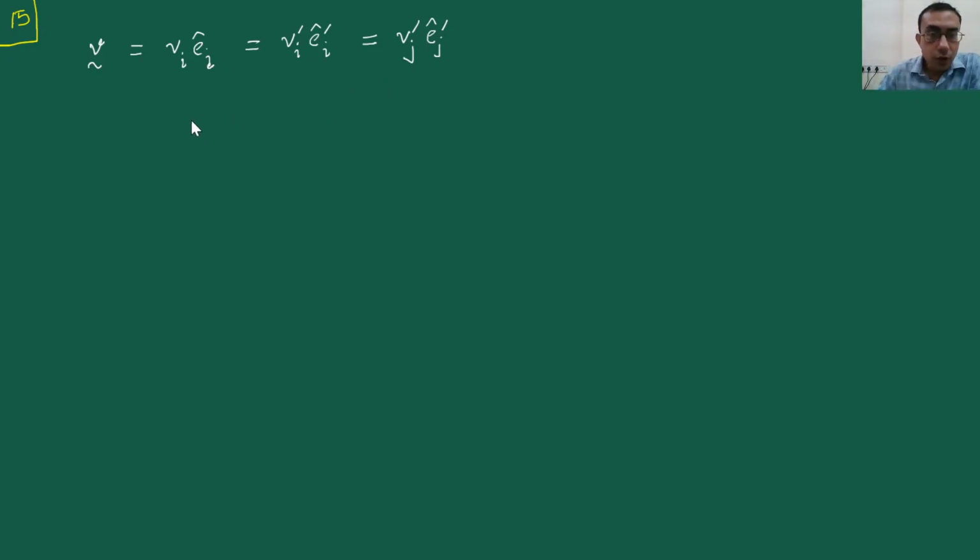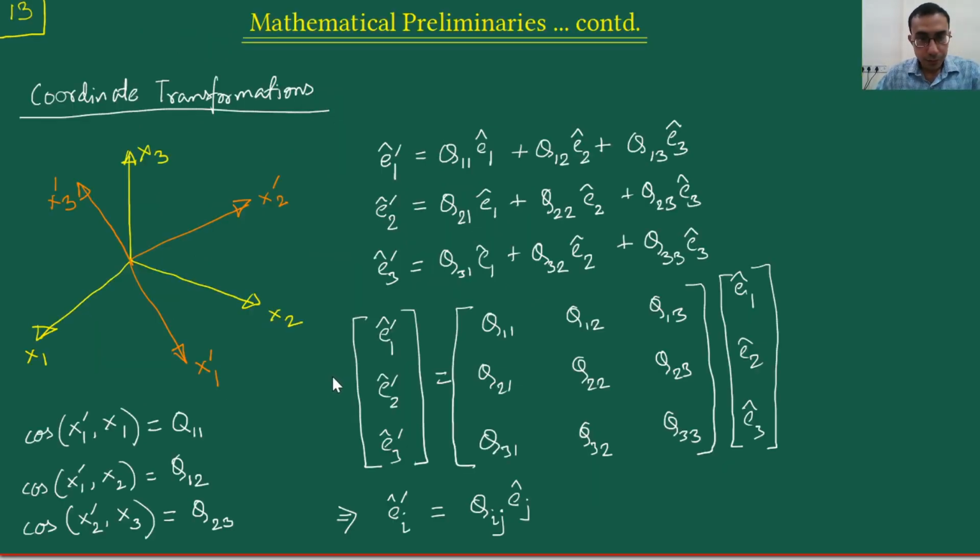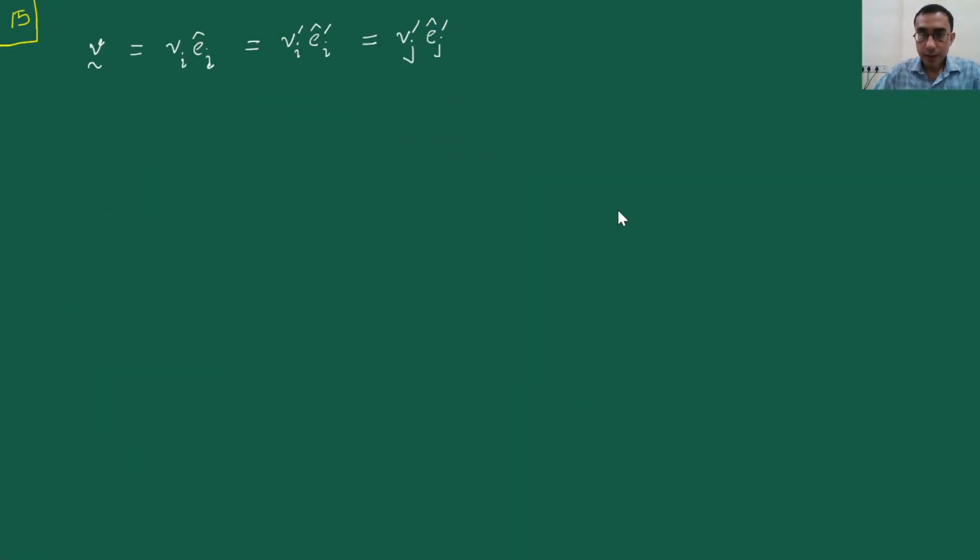So what we are going to do here is, we note from the previous page that ei hat dash is equal to qij ej hat. Okay, so let me write down that in the side here.